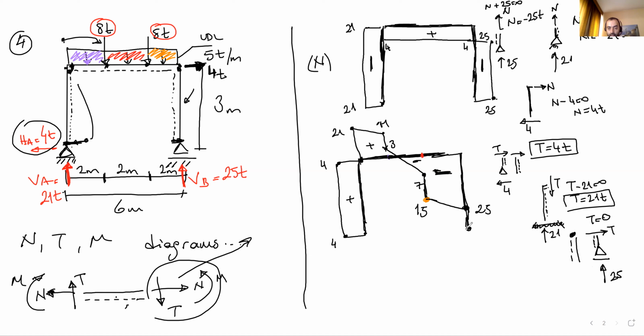T is 0. Okay, take a look at all the column. We are now here. Shear force is 0 all the way up to this column. Is there any other loading which makes shear force on the column? No. On this column, the axial force is 0.